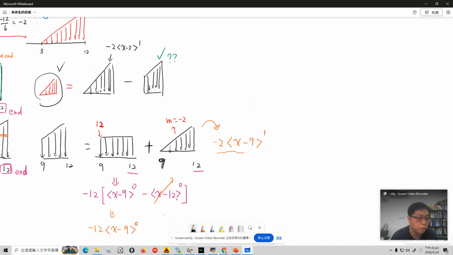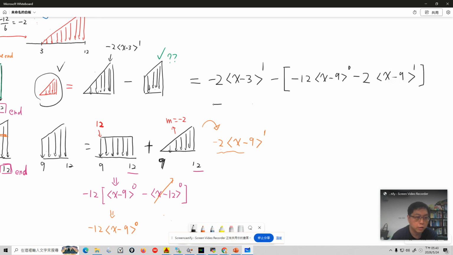The trapezoid is equal to these two discontinuity functions added together. So let me write down the answer. It's minus 2 x minus 3 to the power 1, minus, this is minus 12 x minus 9 to the power 0, and plus minus 2, so it's also minus 2 x minus 9 to the power 1.